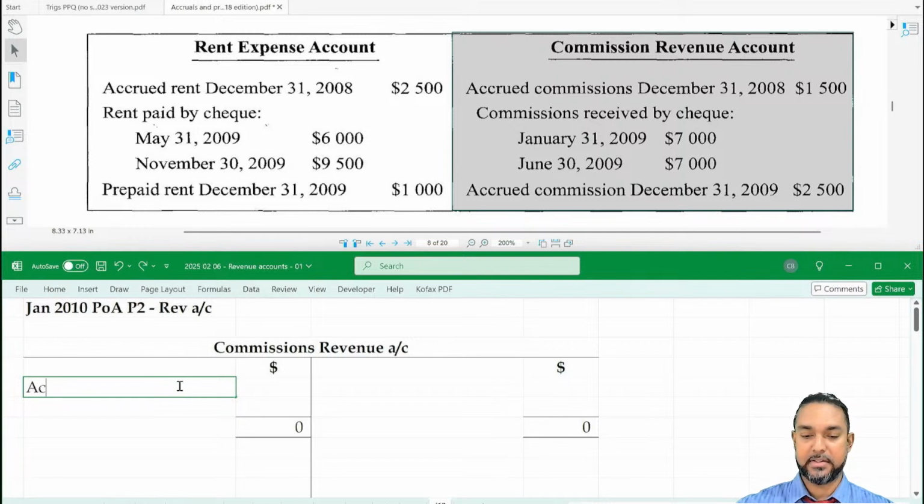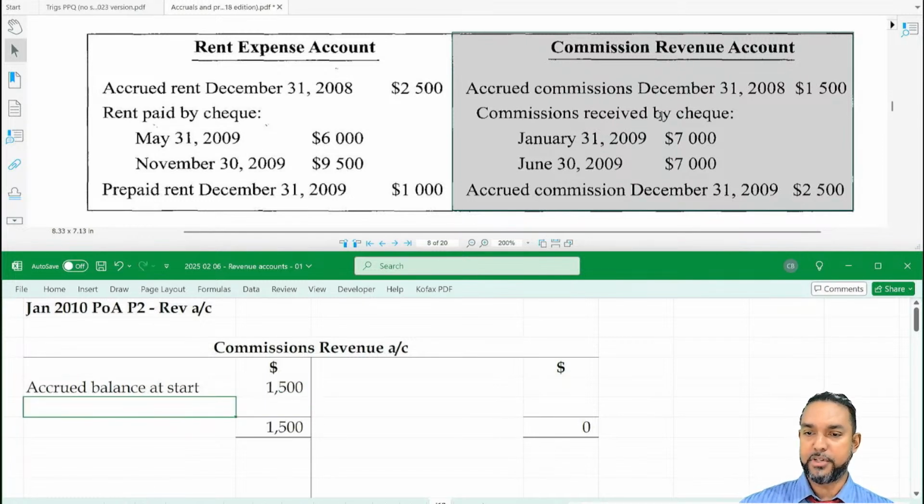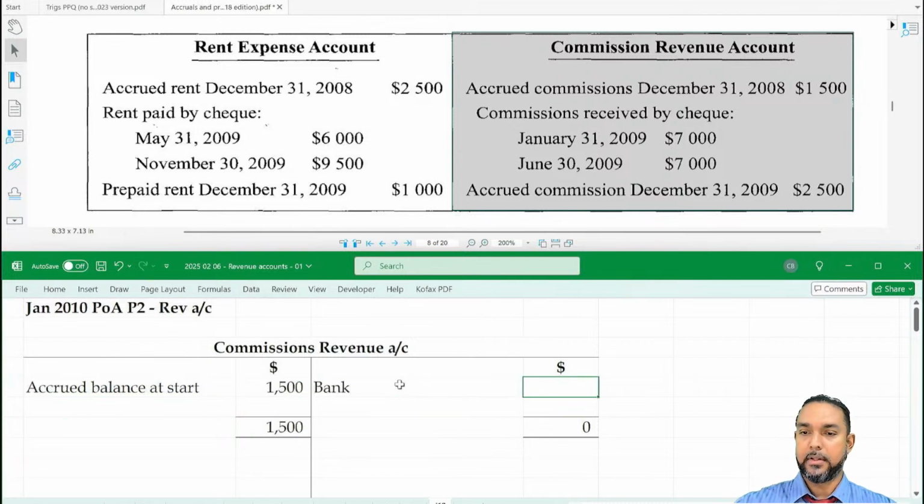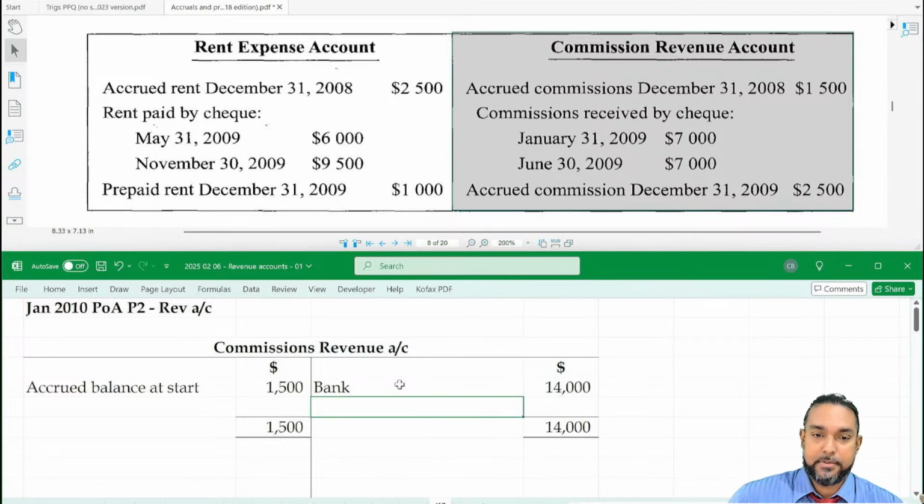Assets have debit balances at start. So accrued balance at start, that's 1500. Cool. Commissions received by bank. So the two, we'll put them together, right? So bank is 7,000 by 2, which is 14,000. Now you can show them separately, I'm choosing not to. And the accrued balance at end.